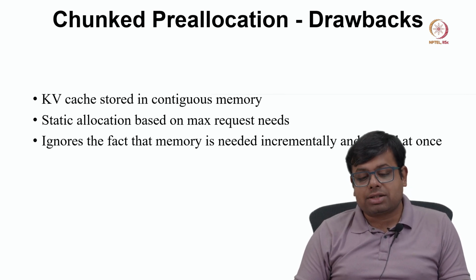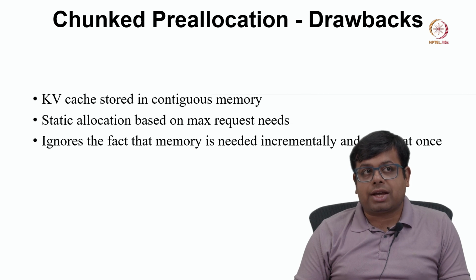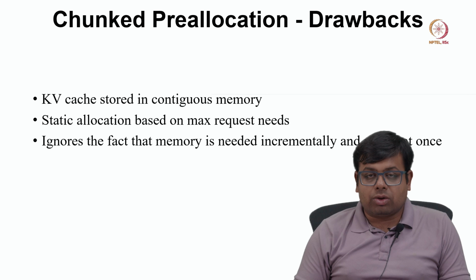Again, why is it needed incrementally? Because during decoding we just generate one token at a time, so we need space for one more token at each step. We don't need the entire space for the decoding, maybe eventually, but not at each step.